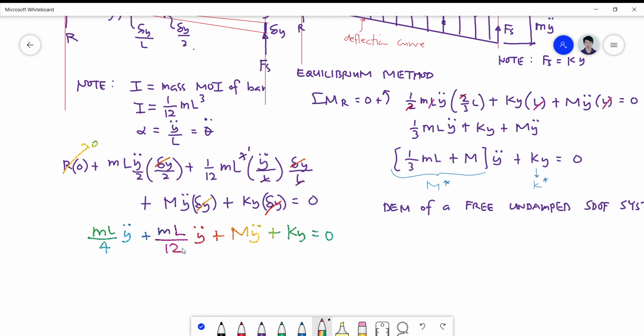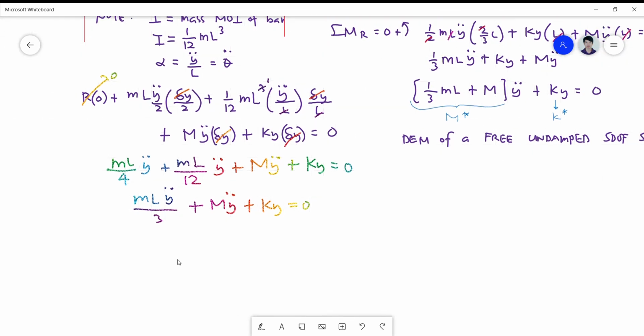Okay, so if we take the LCD of this, 3 plus 1, 4 over 12 is 1/3, so M L over 3 y double dot plus capital M y double dot plus k y equals 0.